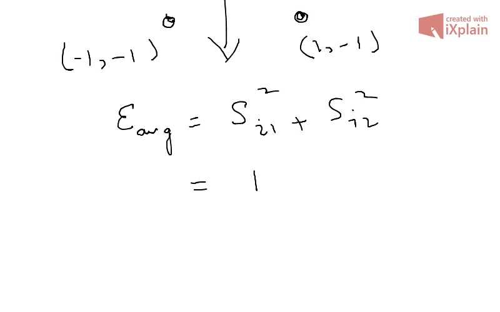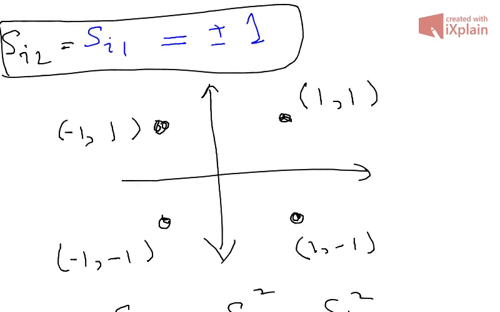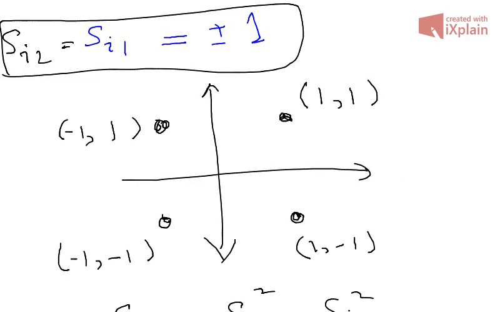So this would be 1 square plus 1 square, and you will have 2. The average energy of QPSK is 2, and this 2, if you observe here, is actually under root.